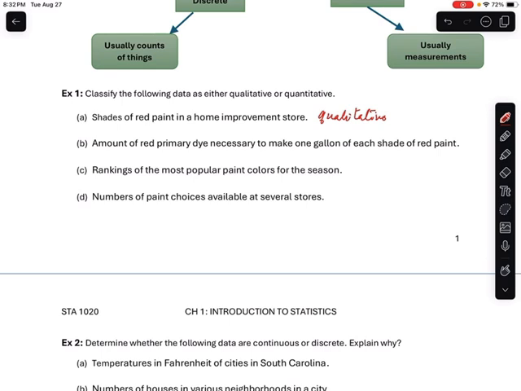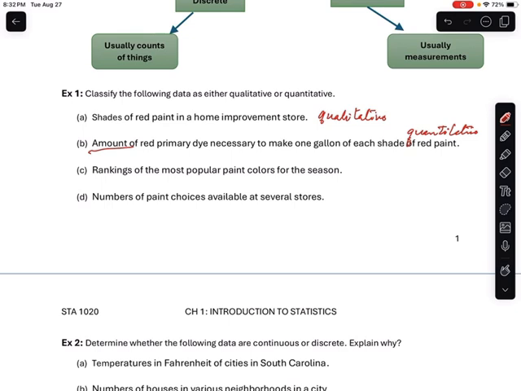The next, amount of red primary dye necessary to make 1 gallon of each shade of the red paint. Because we are talking about amount, it is a measurement, so this will be quantitative. Next, rankings of the most popular paint colors for the season.